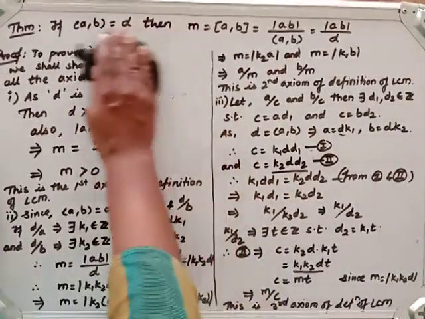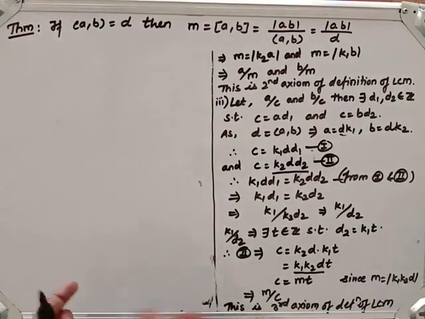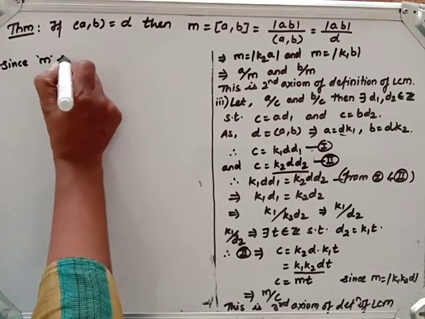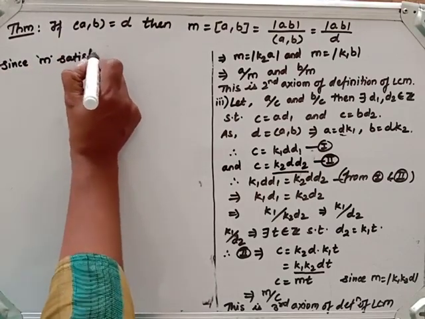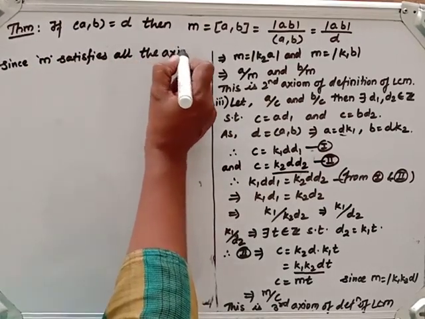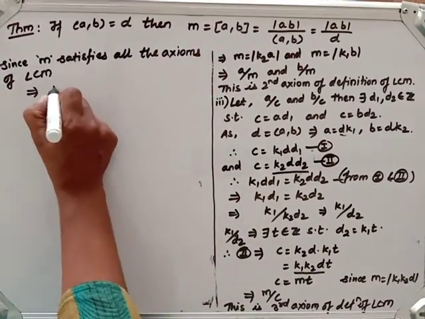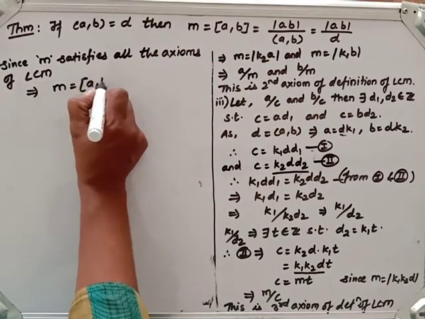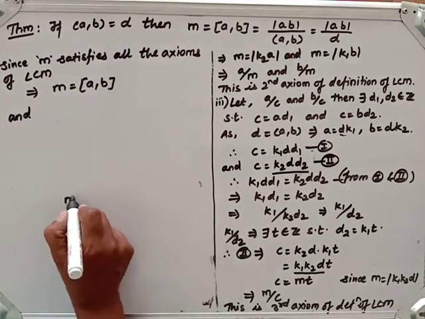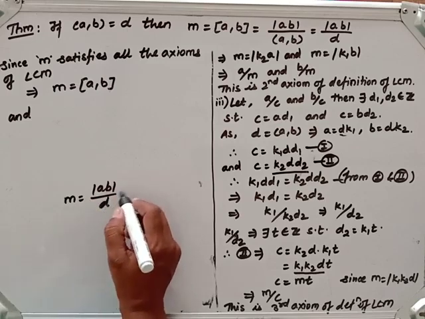So I can write here that since M satisfies all the axioms of LCM, this says M is LCM of A and B, and as we have assumed M is equal to mod of AB upon D. Then we have proved it is positive.